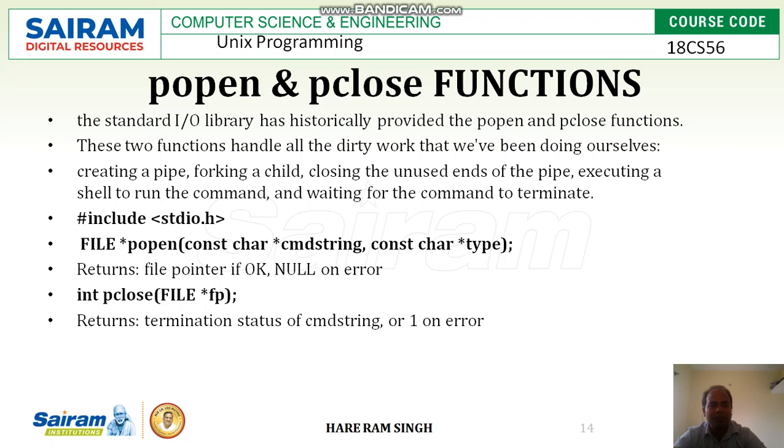When two processes do inter-process communication, a lot of things have to be done, like creating a pipe, forking a child, closing the unused ends of the pipe, executing a shell to run the command, and waiting for the command to terminate. All these things are done in order to make two processes communicate with each other. So popen and pclose functions are used to manage this work.